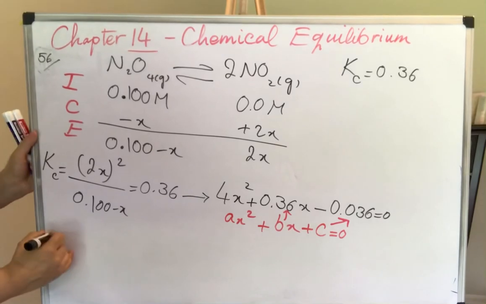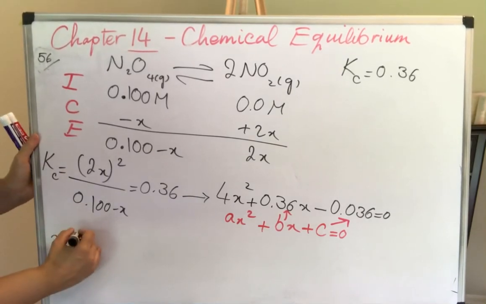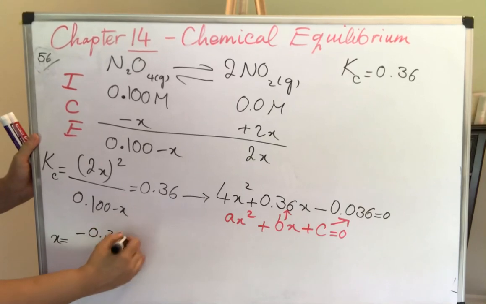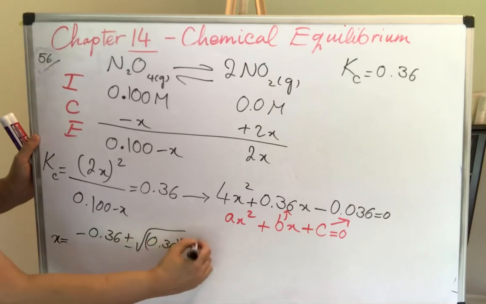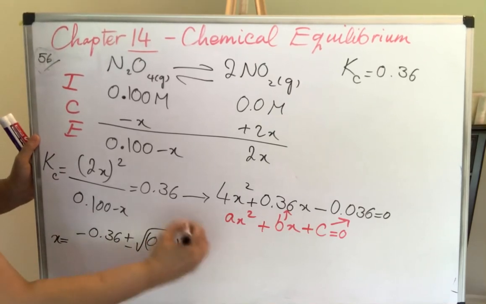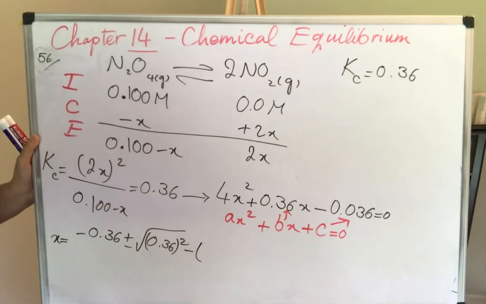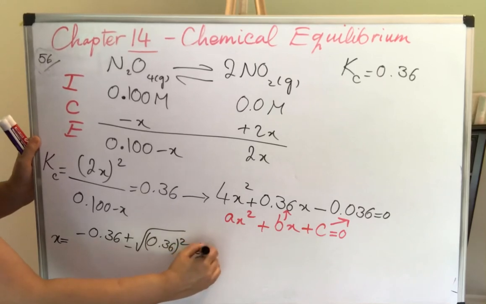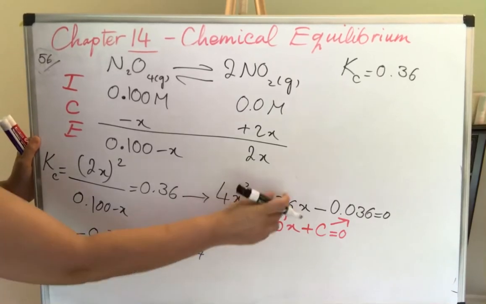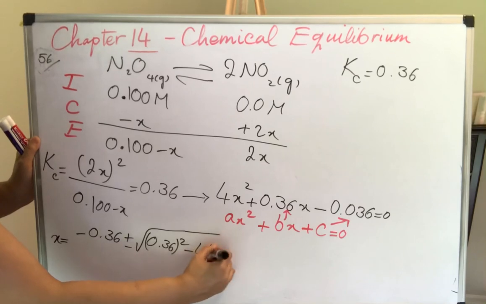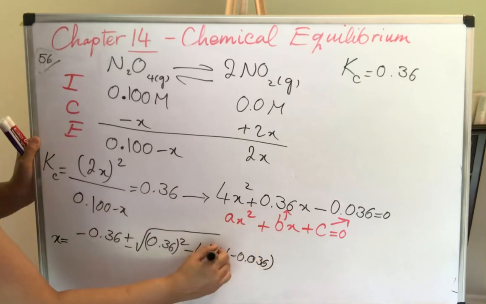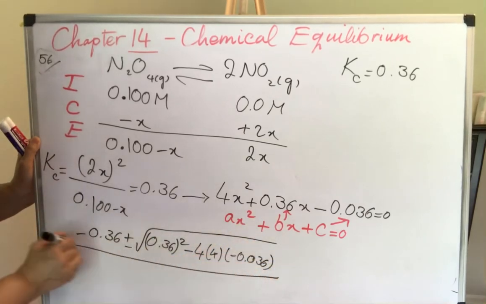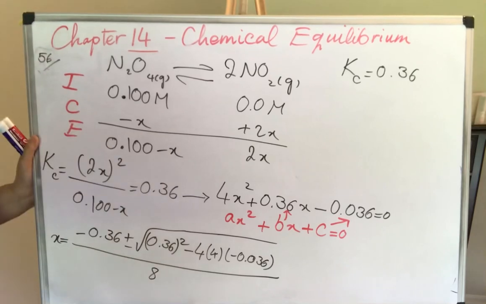So x is minus b, minus 0.36, plus minus the square root of 0.36 squared minus 4ac, where 4a and c is a negative number, divided by 2a, which is 8, correct?